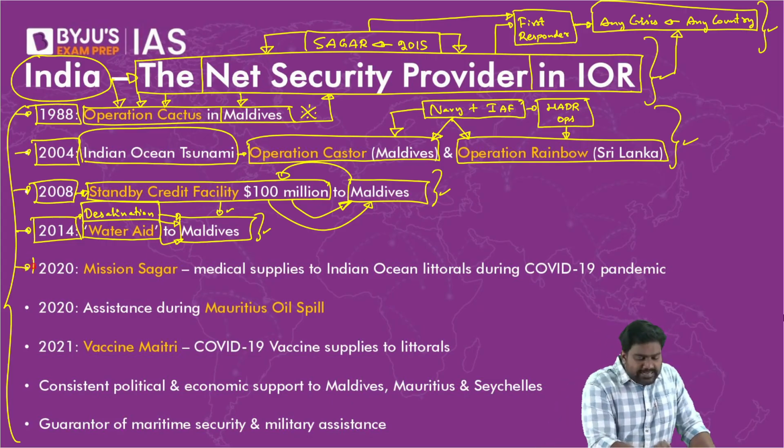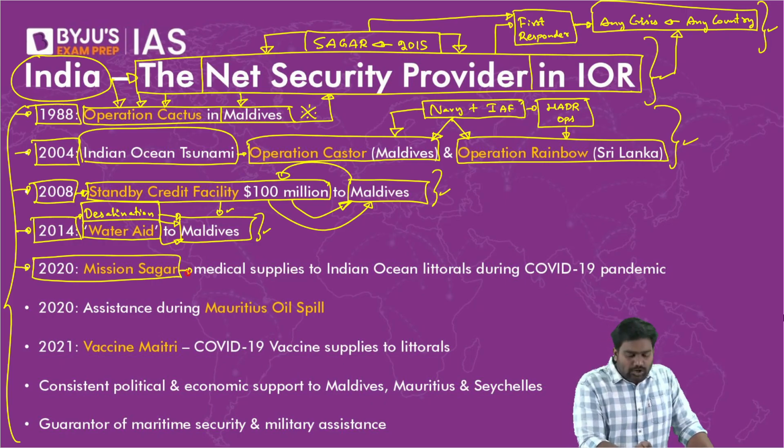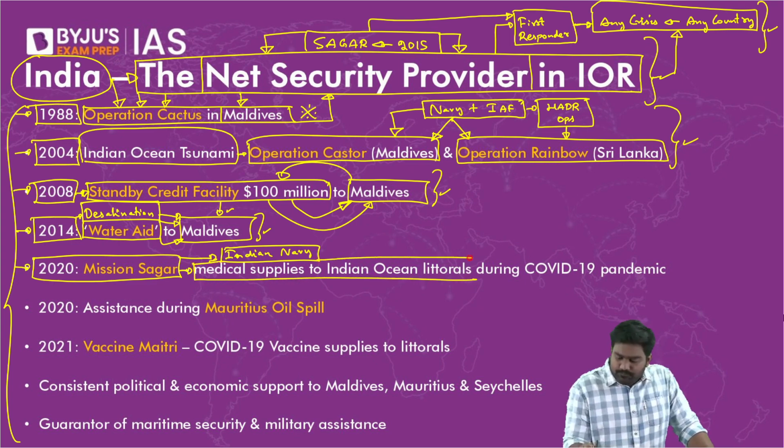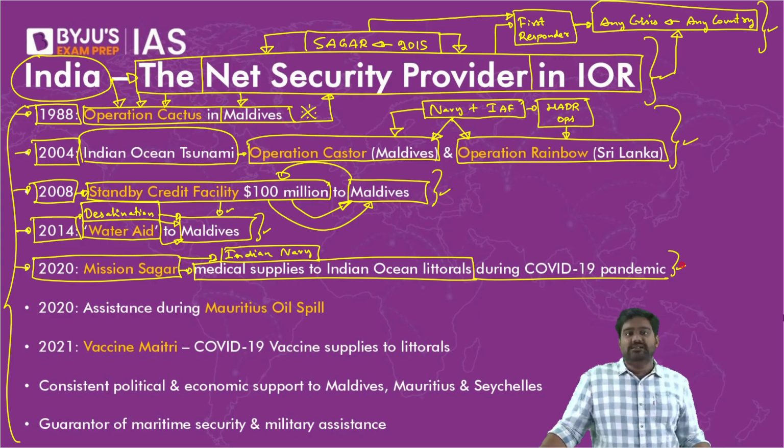During the COVID-19 pandemic, when the pandemic broke out, India launched Mission Sagar through the Indian Navy, where the Indian Navy supplied medical essential items to several countries across the Indian Ocean. We supplied basic medicines, sanitizers, oxygen, PPE kits, right?